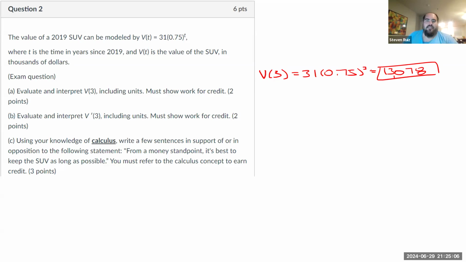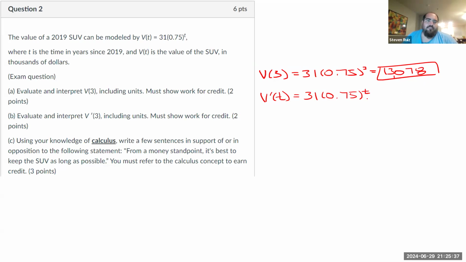All right, next question here. What is v prime of 3? Before we find that, we should talk about what v prime of t is. So this is an exponential function, 31 times 0.75 to the t. I think I said in the last question that anytime you take the derivative of an exponential function, it will contain that exponential function.